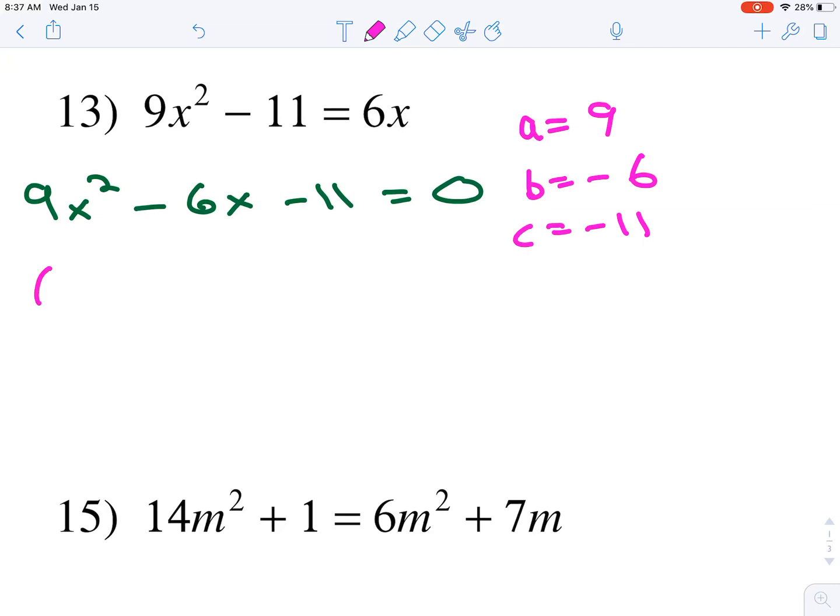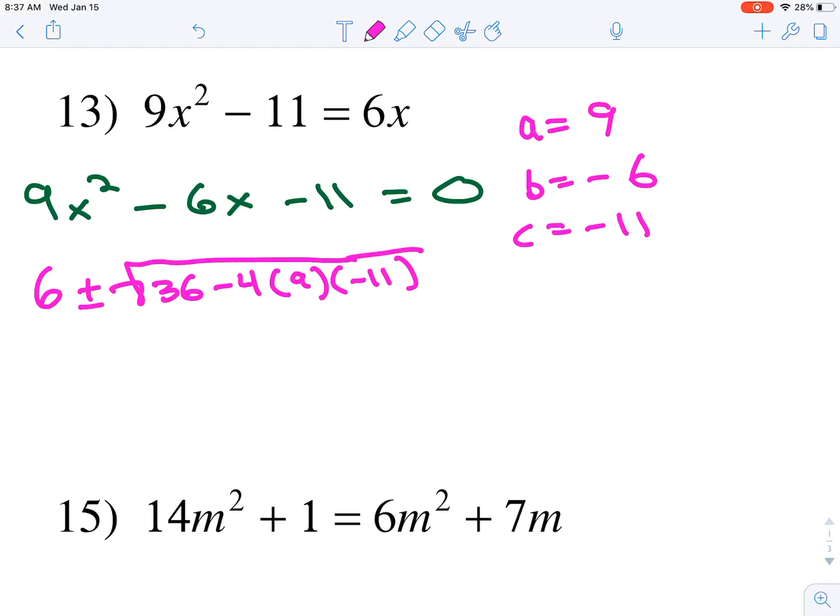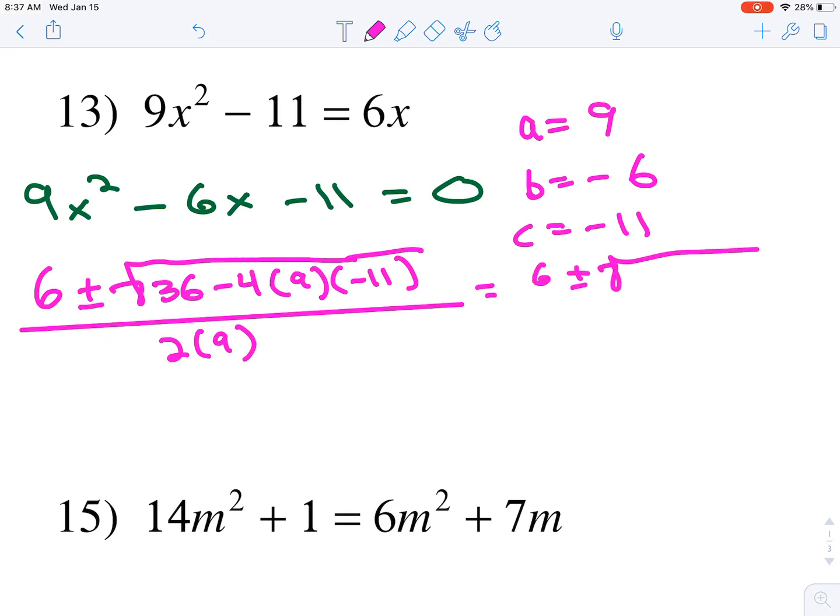So we're going to have negative b, which is 6. Okay, I'm going to count up my subtraction signs in the radical. I see 1, 2, which is even, which is addition.